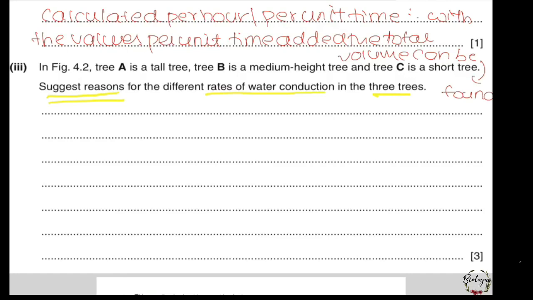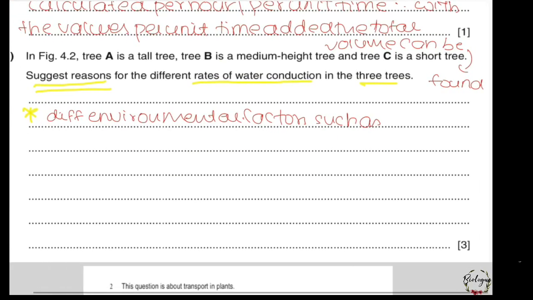Alright, the first reason could actually be something like different environmental factors. For example, maybe these trees might be in different environmental conditions, so first let's write different environmental factors, such as different humidity, different temperatures, for example, or even different light intensity.